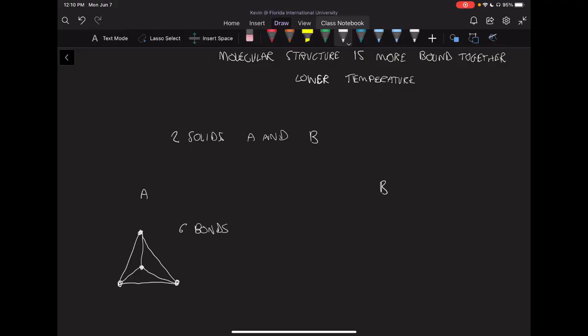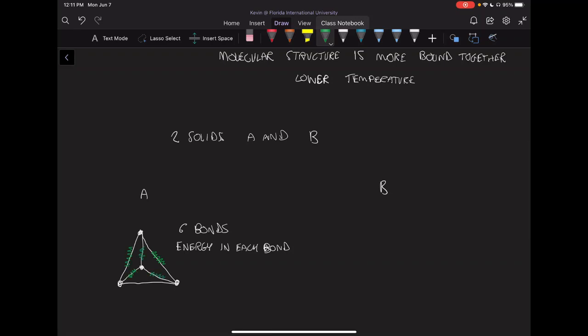We know that we have a certain amount of energy in each bond, and the energy can be shown as these little green lines.